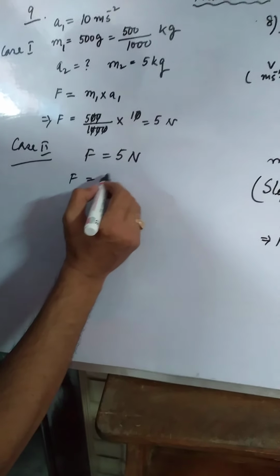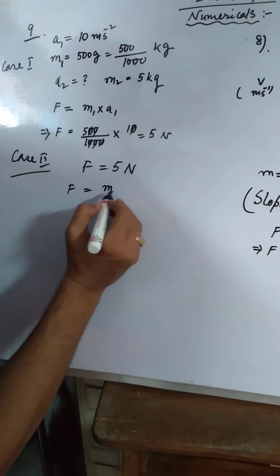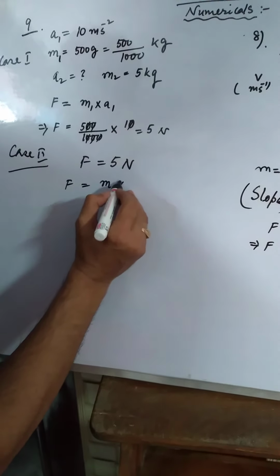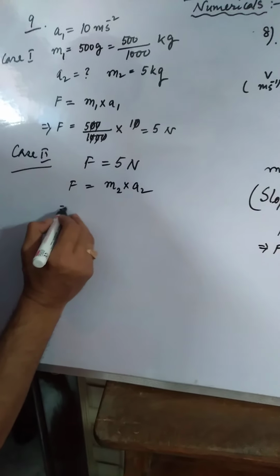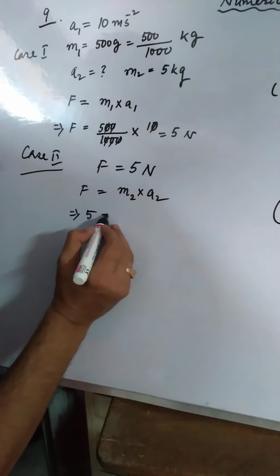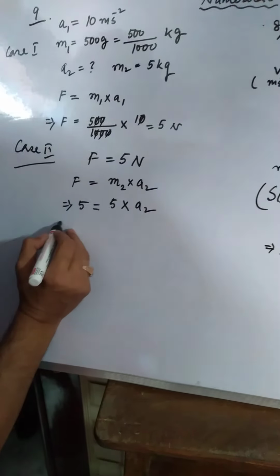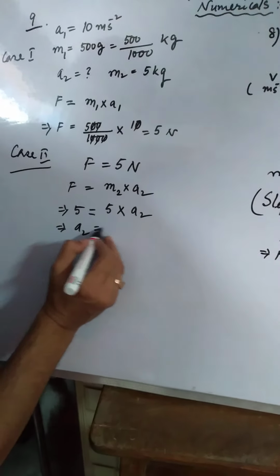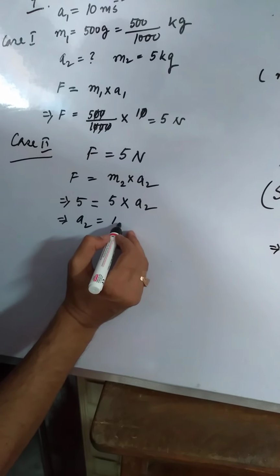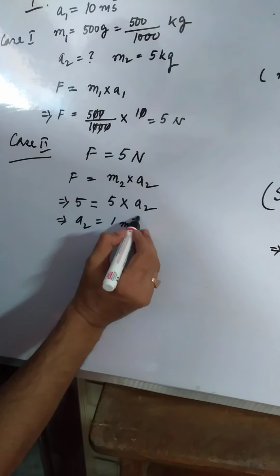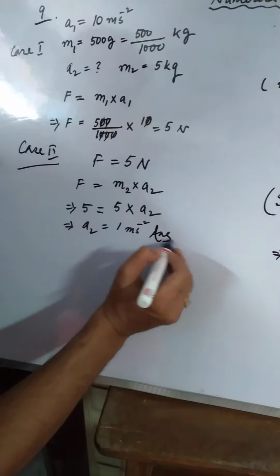So again applying Newton's second law, F equal to m2 into a2. So that is 5 Newton, m2 means 5 kilogram. You have to find out a2. So it's simple, a2 equal to 5 by 5. That means 1 meter per second square.